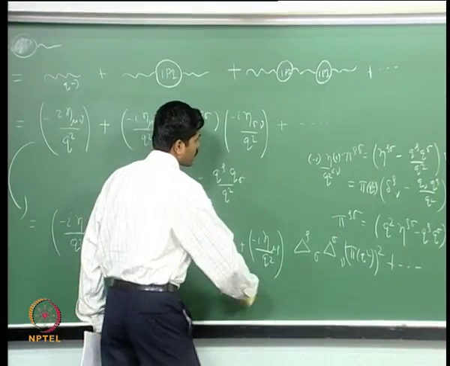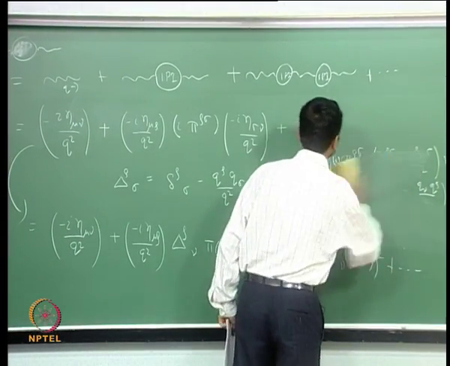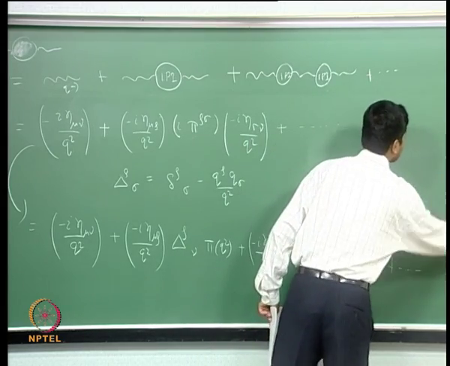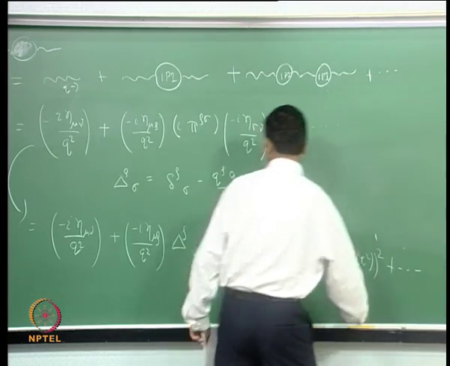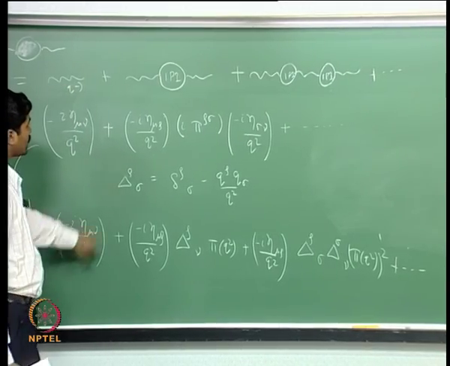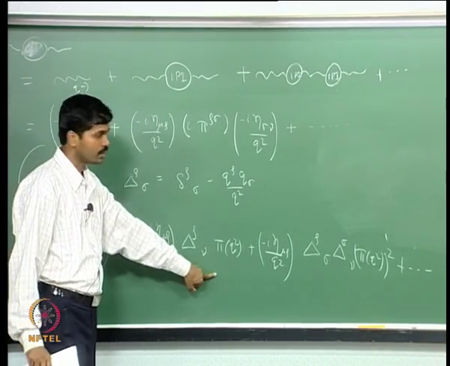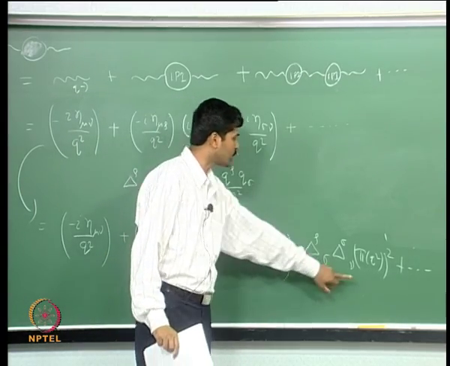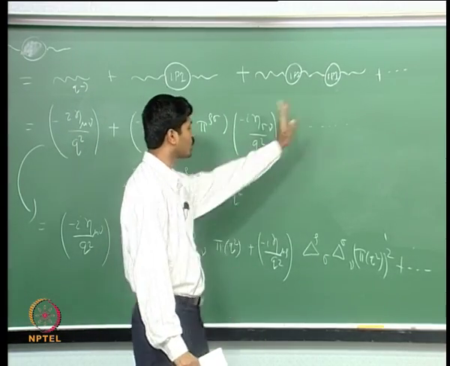So, this is what we are going to get. All right. So, the first term is given by this, the second one is this one, and then the third diagram will give a term like this, and so on.